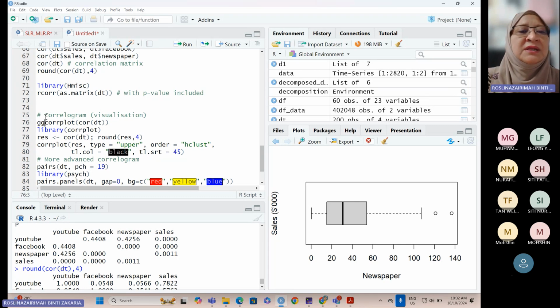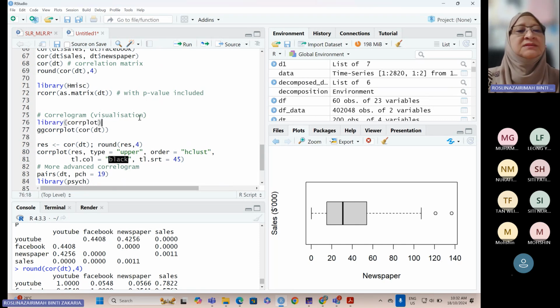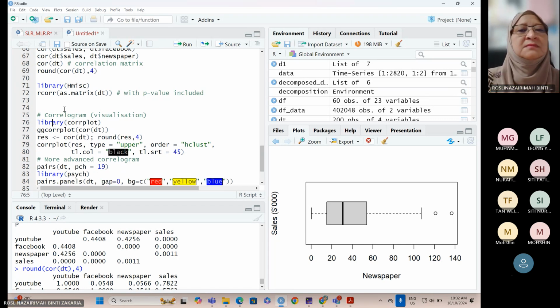This is called a correlogram. That means we draw a picture instead of numerical values. This is numerical, so we want to draw it. How do we draw that? First, we need the package corrplot. By right, this library call should come above.